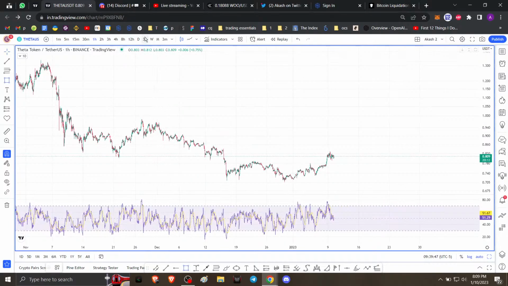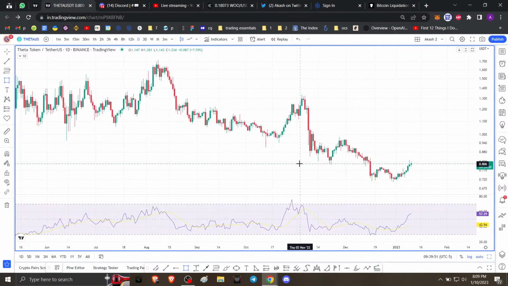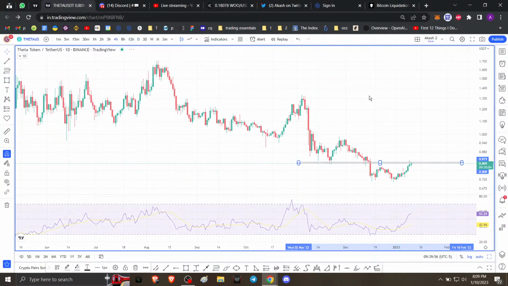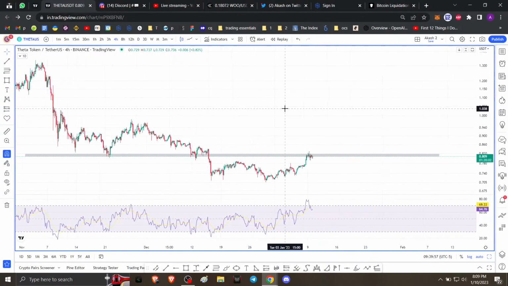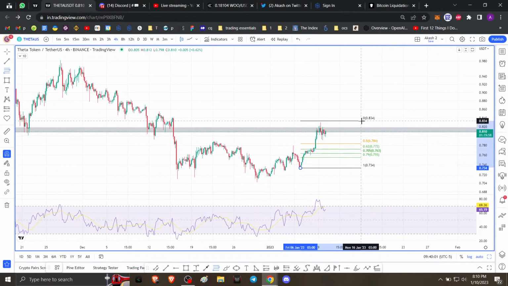There was a good amount of resistance here on the 4-hour time frame. We're currently getting rejected here, and if you just take a look at this, a move down to 0.782 seems plausible, right?